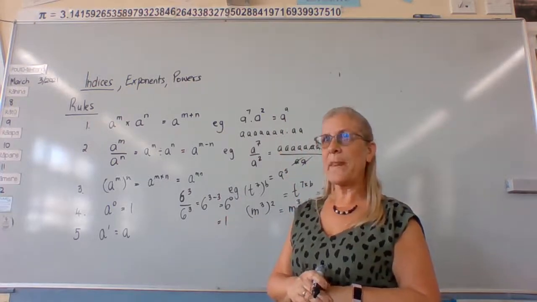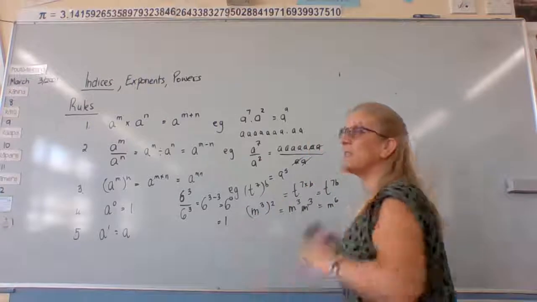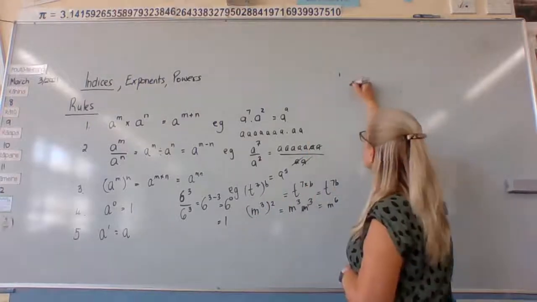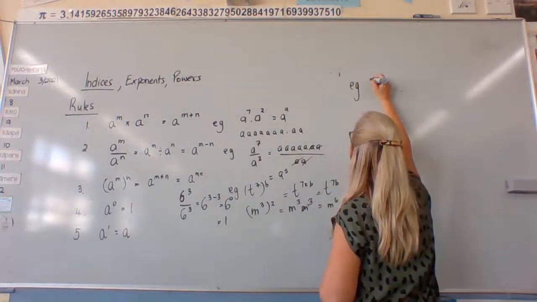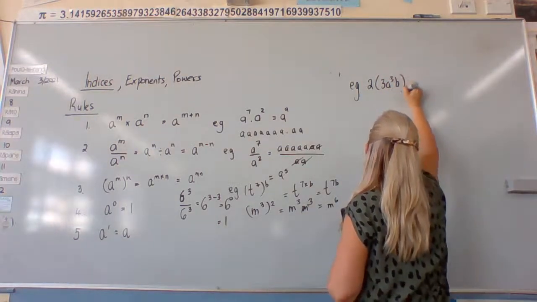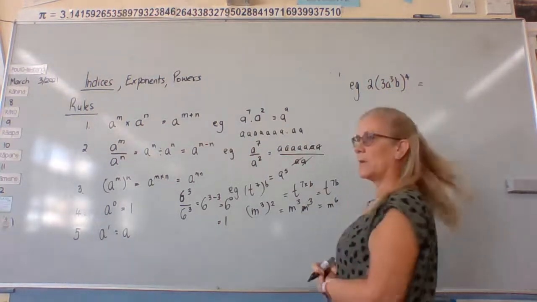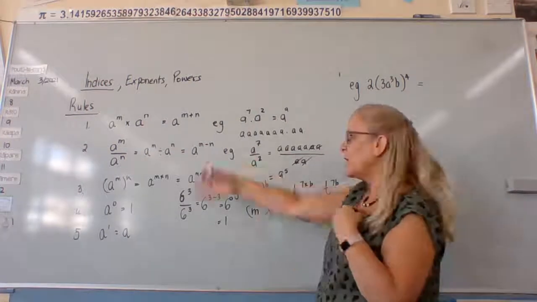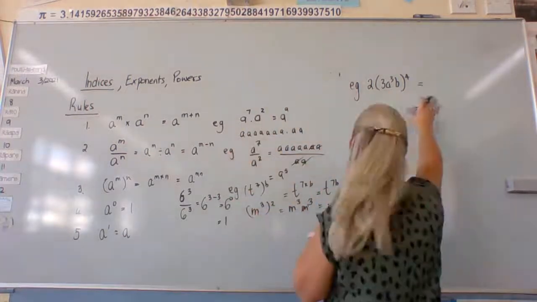All right? When we are using these rules, the likelihood is this year you'll have problems like this. Okay, and you just have to sort it out using the rules to make an answer.